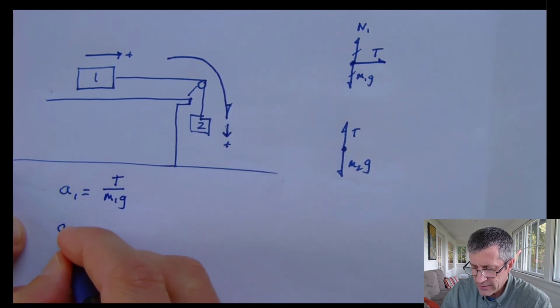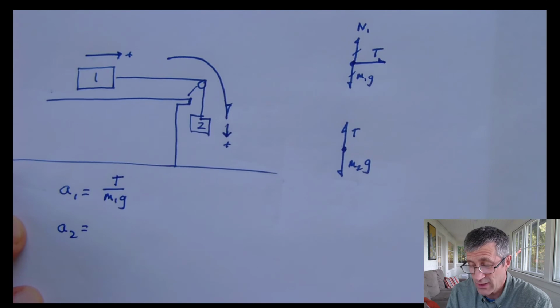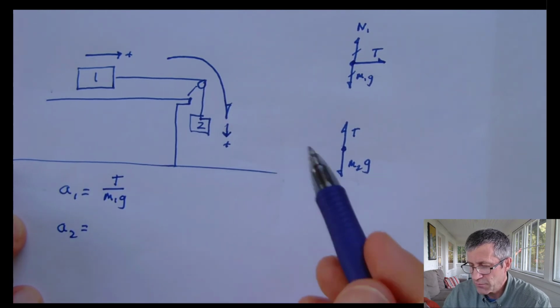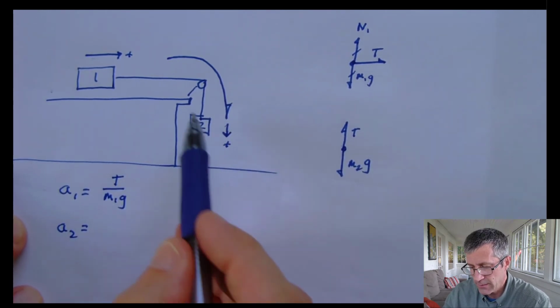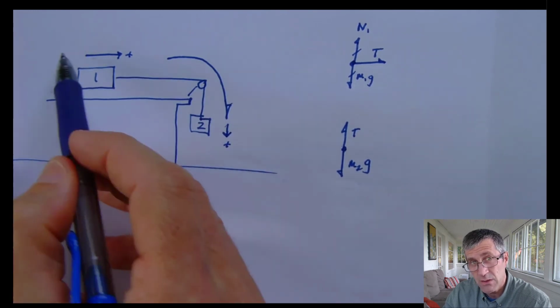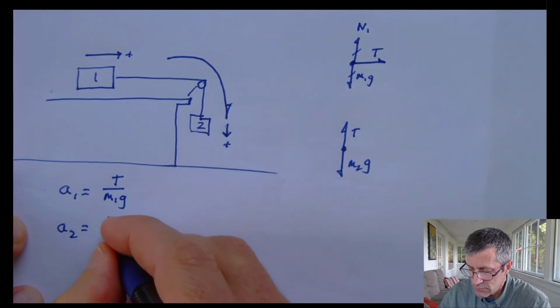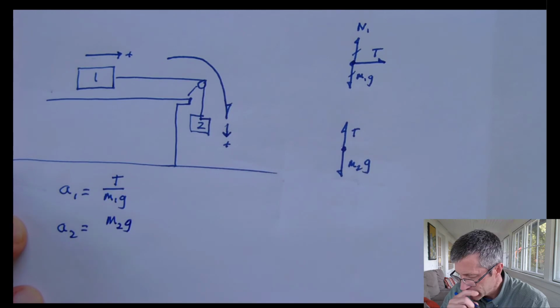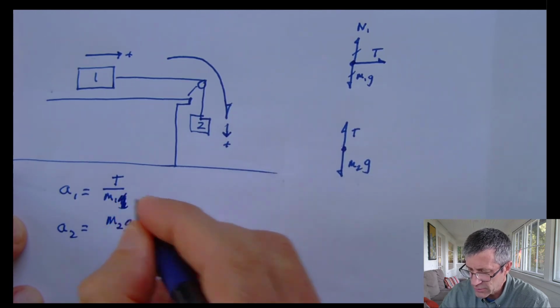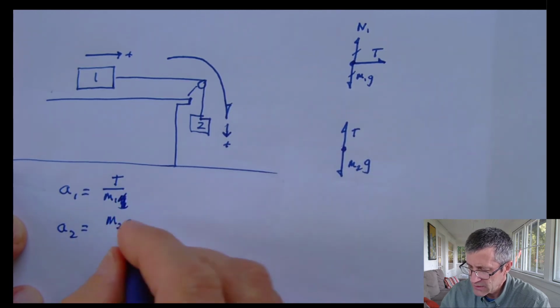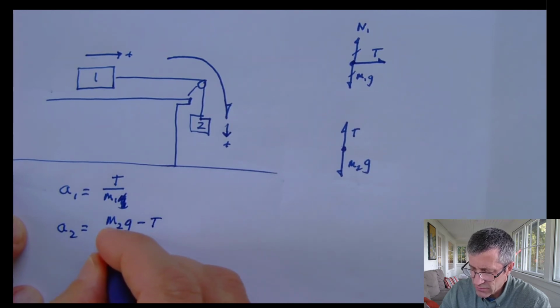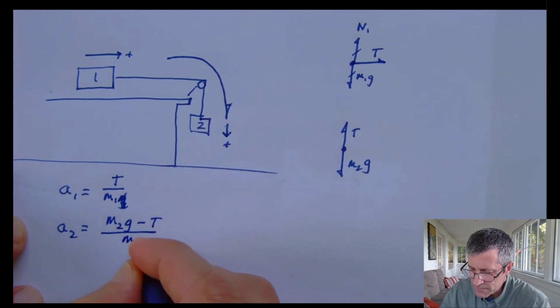My acceleration on box 2 is going to be the sum of the forces. Notice now that my direction of motion is positive. I have to be consistent between these two. So I'm going to have m2g as being positive. Oops, that should be m1 at the bottom there. And m2g is positive, and now tension is negative, and I'm going to divide this by m2.